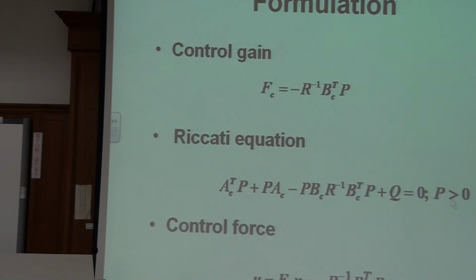And this is the control force: U equals FCX equals minus R inverse BC transpose PX. So this is your control force. Again, if you look at this, when R goes to infinity, R very large, then we know that U will be very small.